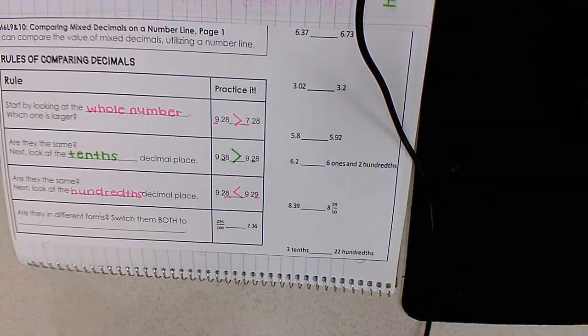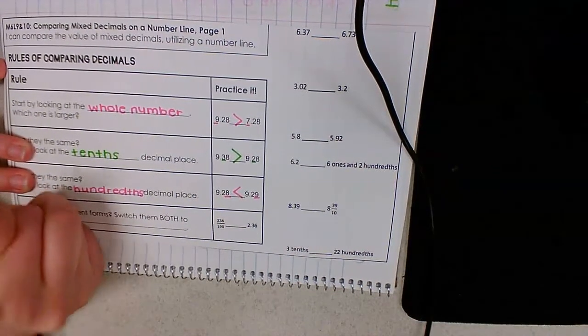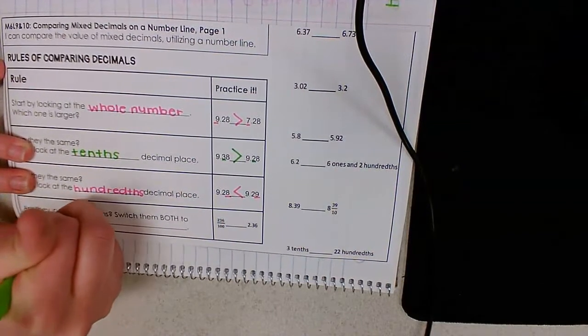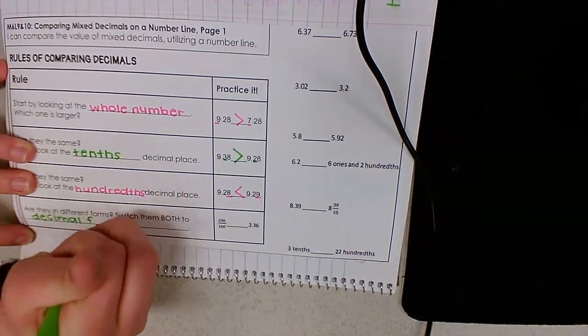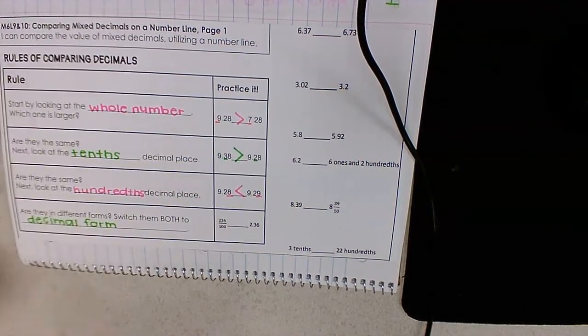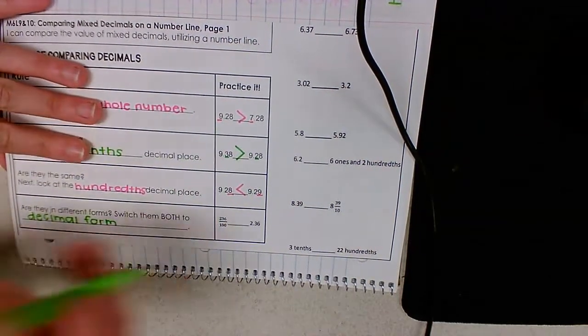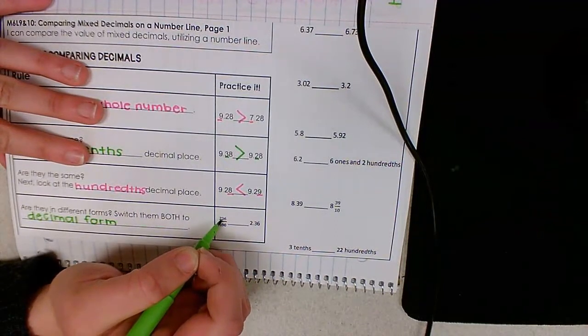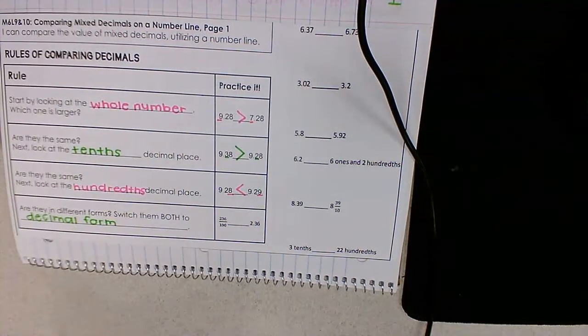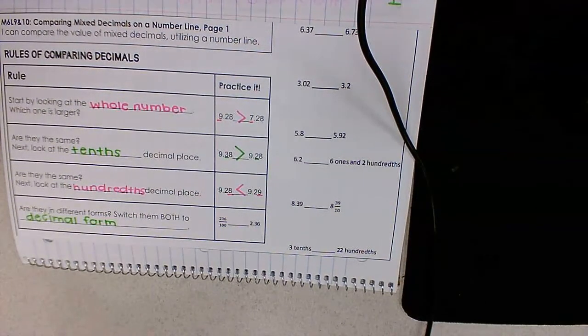But wait a second. What if we run into a situation where they're both in different forms or one is in a different form? That means that we're going to change both of them over to decimal form. For example, we have 236/100ths. I know that there are 100 hundredths in every whole group.